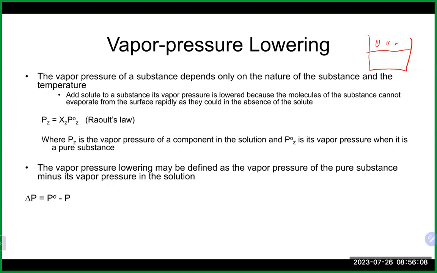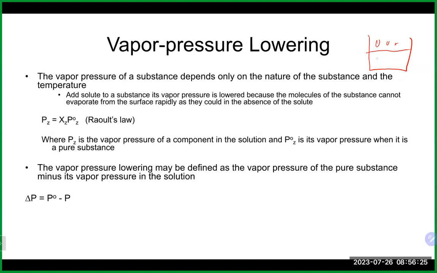So the vapor pressure of a substance depends on the nature of the substance and also the temperature. When you add a solute to a substance, the vapor pressure is lowered because the molecules of the substance cannot evaporate to the surface as they could without the solute there.